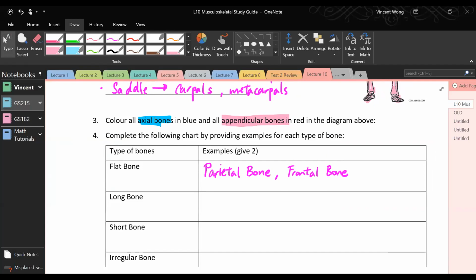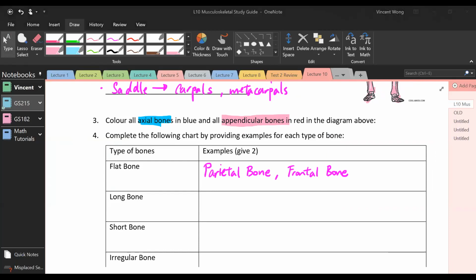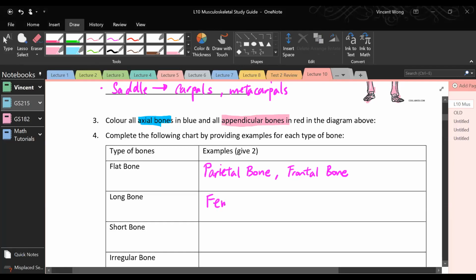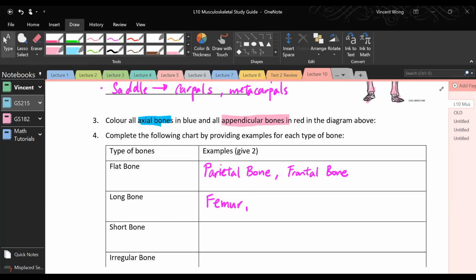Long bone, any examples of long bone? Anyone want to tell me? Examples of long bone. Femur, yeah, that's correct, Patrick. Femur, it's the longest bone in the body. Just one more.